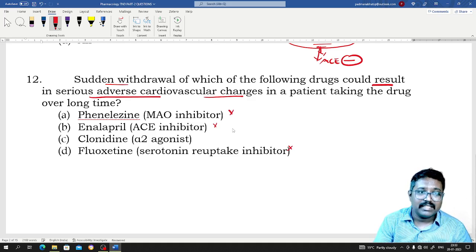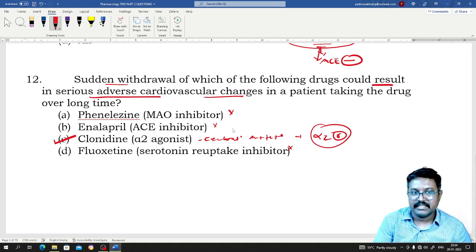You can see not that much serious. It will be seen with clonidine, an alpha 2 agonist, which is a central antihypertensive drug, which mainly acts on the central alpha 2 presynaptic receptors. So is that clear? In case of clonidine withdrawal, you can give phentolamine as an antidote.